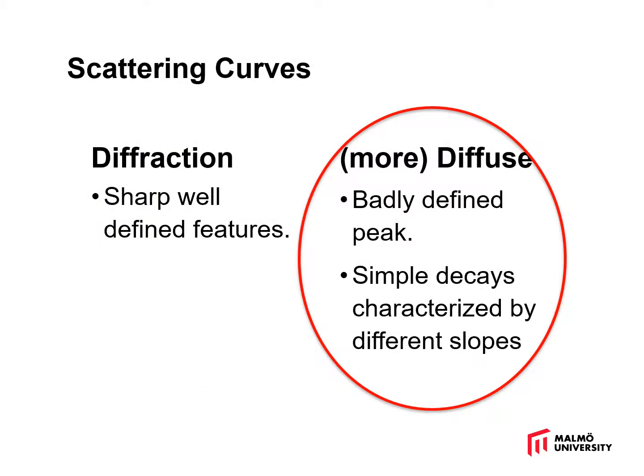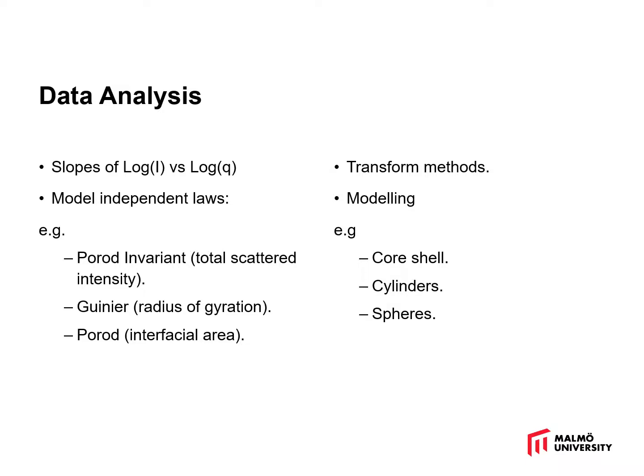But the main subject of today's talk is much less interesting scattering patterns. They're much more diffuse. There may be something like a peak inside, but of course it's badly defined. Usually they're just simple decays characterized by different slopes. We tend to analyze these curves in quite particular ways.